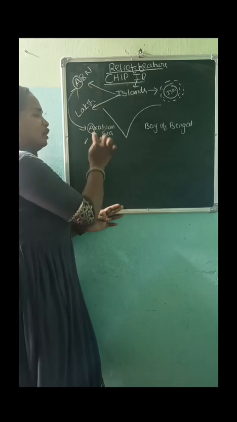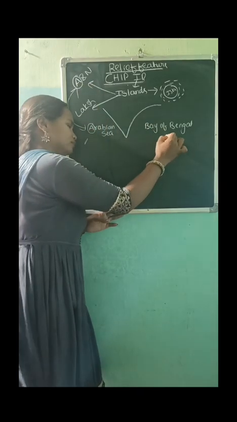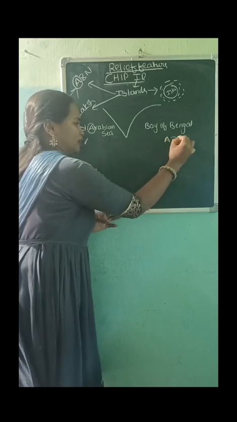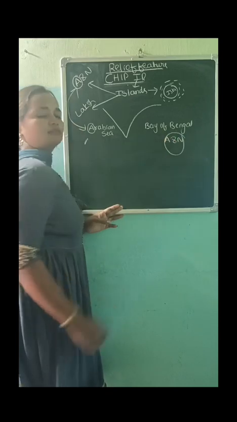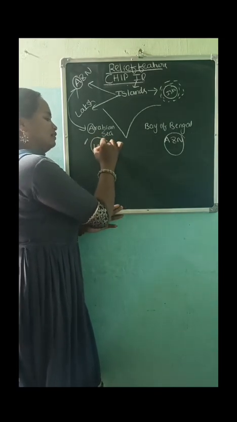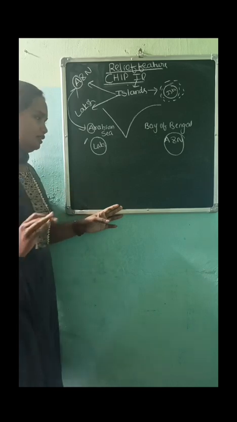So Andaman and Nicobar won't be in the Arabian Sea. So it will go to the Bay of Bengal. That means Andaman and Nicobar Islands are in the Bay of Bengal. Lakshadweep Islands are in the Arabian Sea. Hope you got my point clearly.